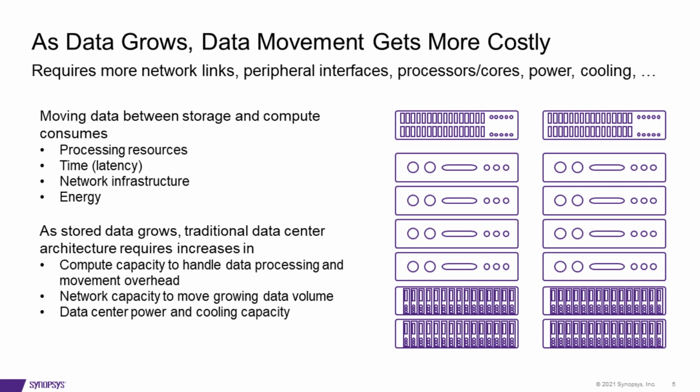As data quantities grow, you have to add additional storage capacity to the infrastructure. So we represent that here with another storage server. Well, we have now additional data that has to be moved that requires additional network bandwidth. And in order to process that data, you have to have additional compute capability.